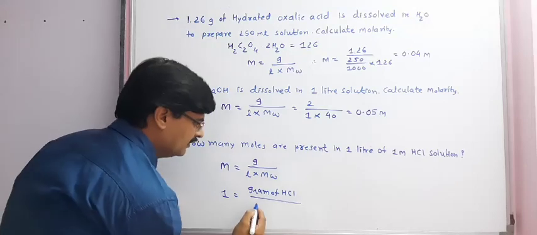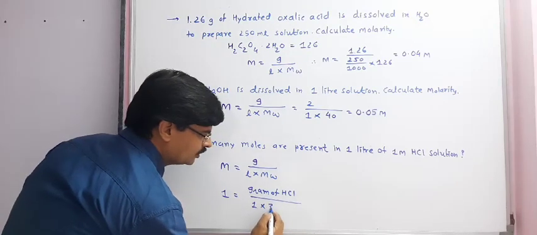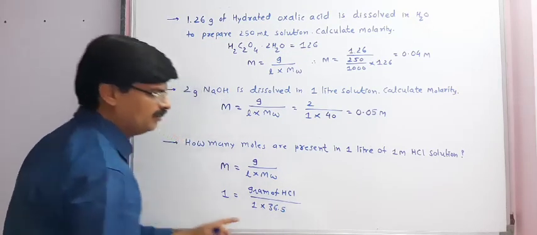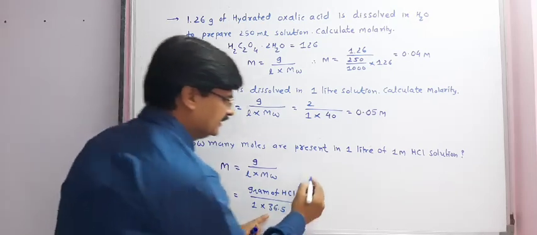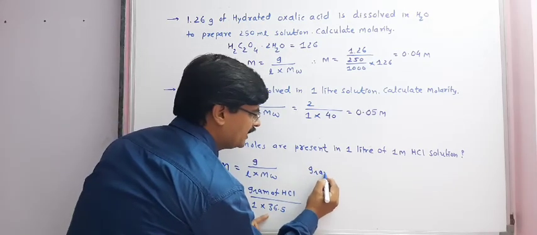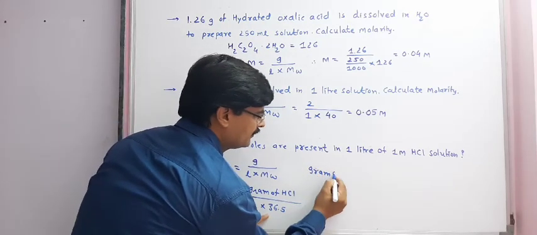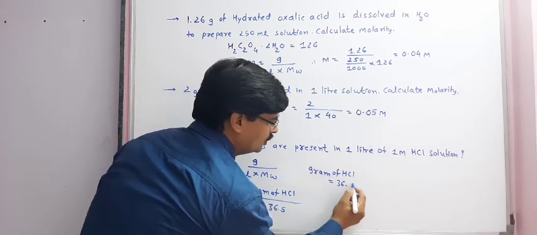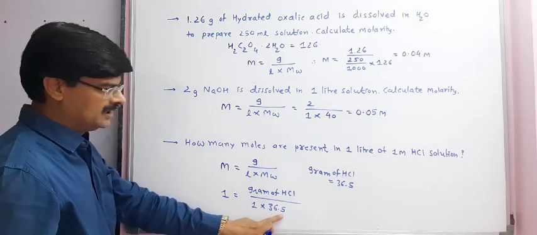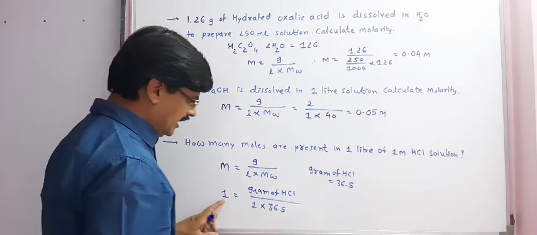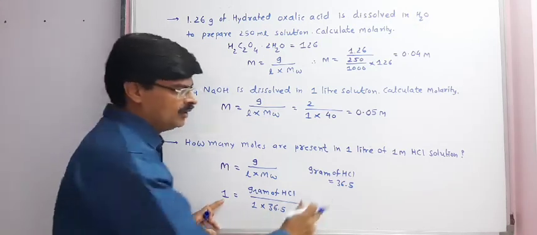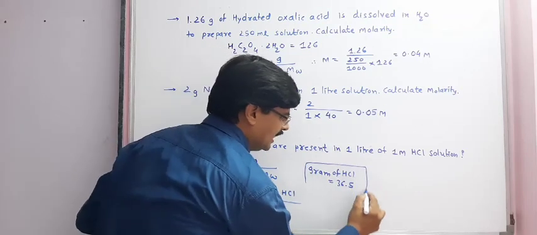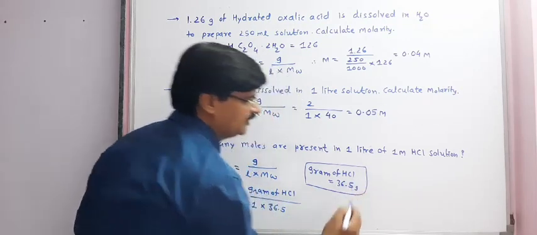Liter is already given 1, so into 36.5, that is the molar mass of hydrochloric acid. We can say the obtained gram of HCl is equal to 36.5 gram. 36.5 into 1 is equal to 36.5. So gram of HCl is 36.5.